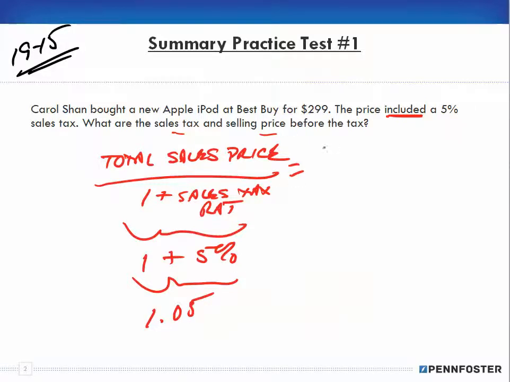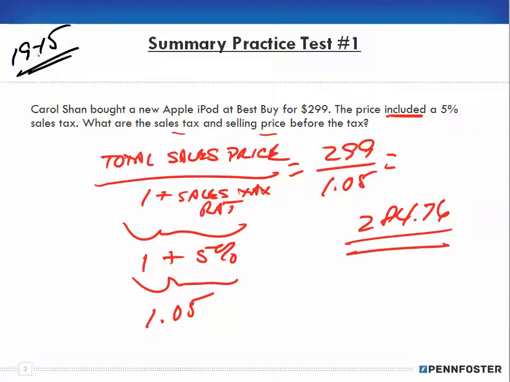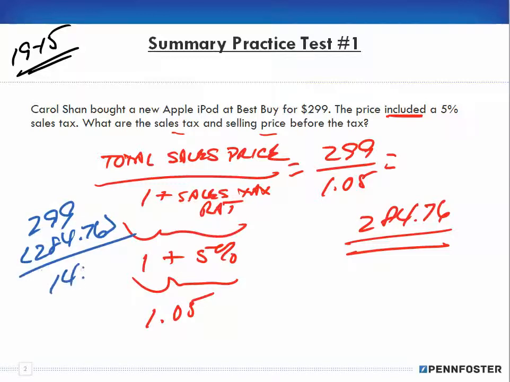So our total sales price is $299 divided by 1.05, and we end up with an actual sale of $284.76. To get my sales tax, I take the $299 and subtract the $284.76, and that gives me $14.24 for my sales tax.